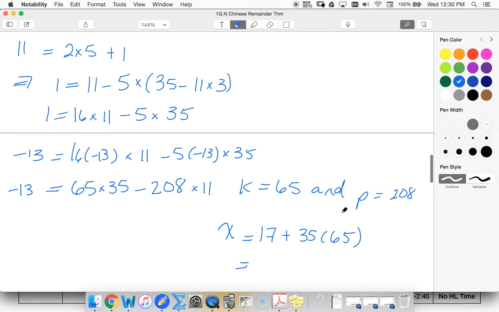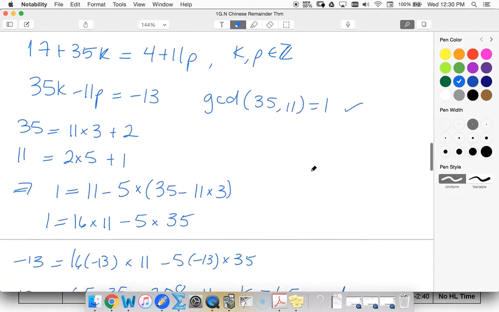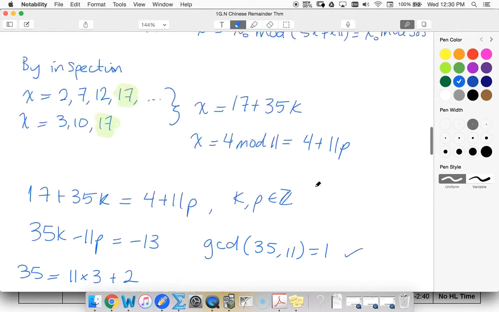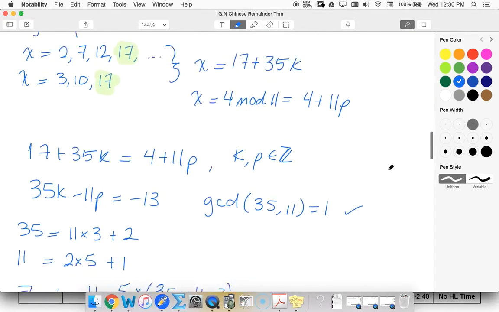So if I expand that, then I would get 2,292. So there's one solution, but of course that value is not within my mod of 385.